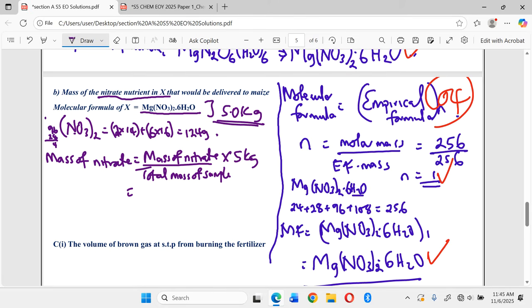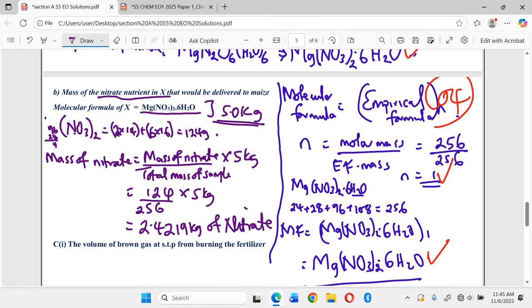That becomes 124 over 256 times 5 kilograms, and the answer becomes 2.4219 kilograms of nitrate nutrient.